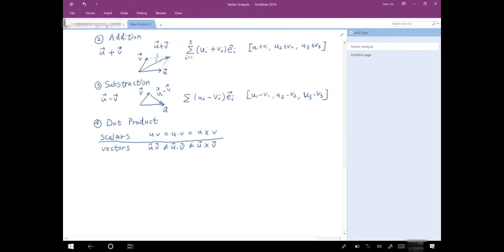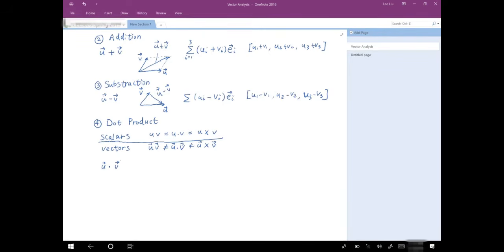That's why we want to talk about vector analysis, because the operations of vectors are different from the operations of scalars. They're more complicated. The operation of vectors is just a special case of the operation of tensors. So now for the dot product, it's u dot v.